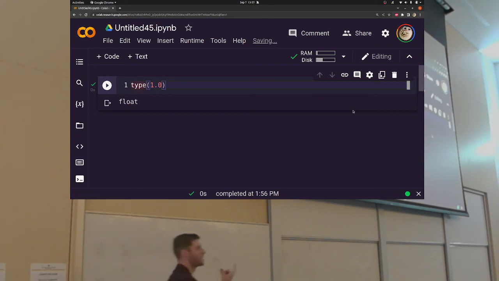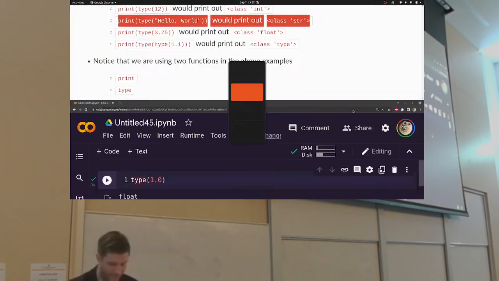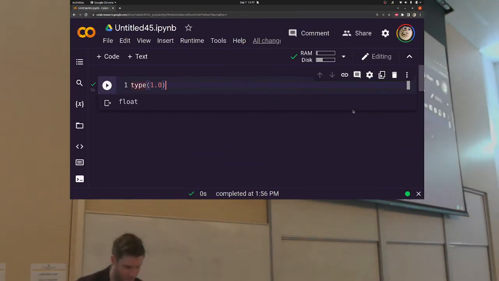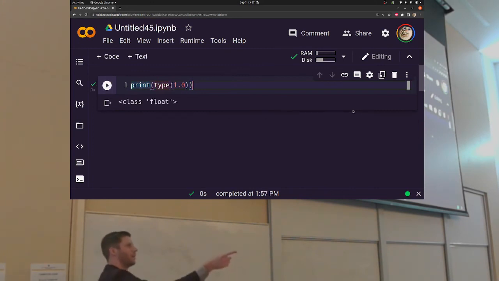So type is another function, and that function takes some value, and all it does is tell you what type that value has. Now, in the examples I have in the course notes, I've nested the functions, so I said like print type, and this goes back to what you were talking about, like how come when you didn't add the print it showed you?